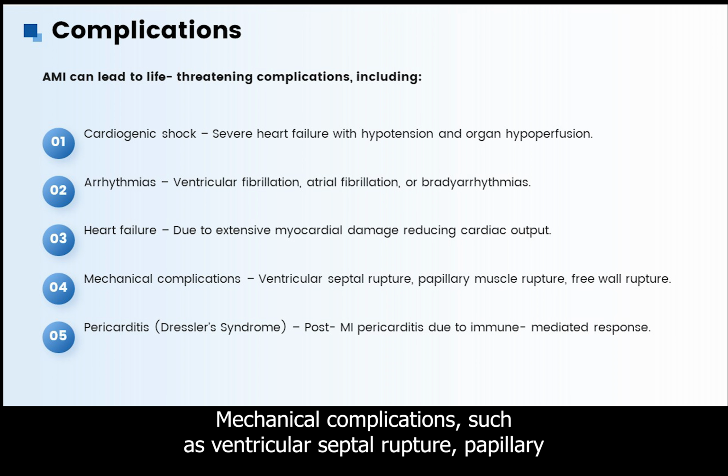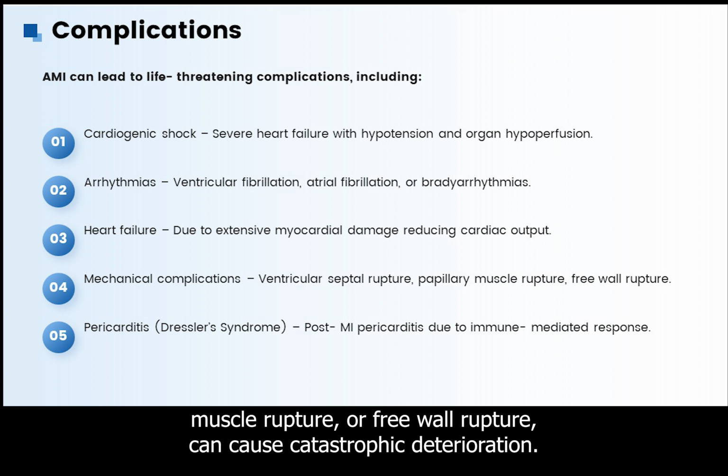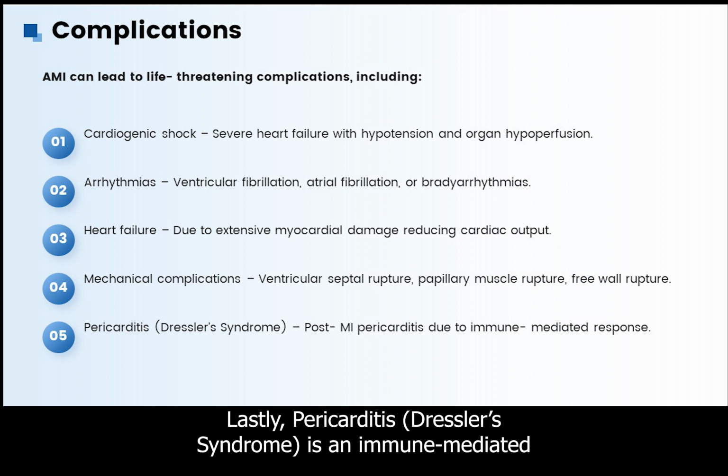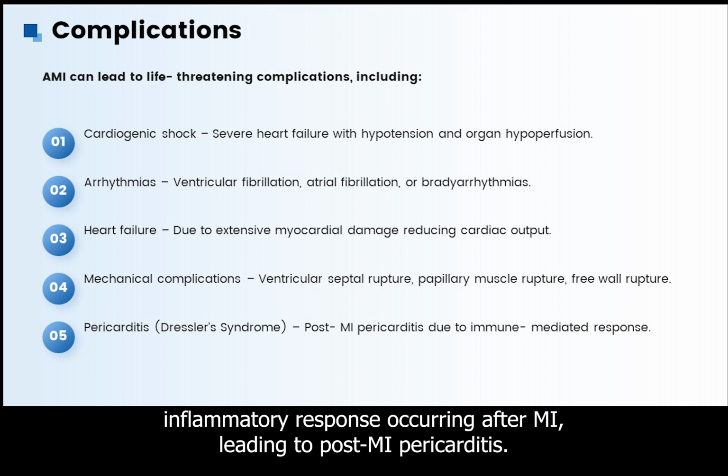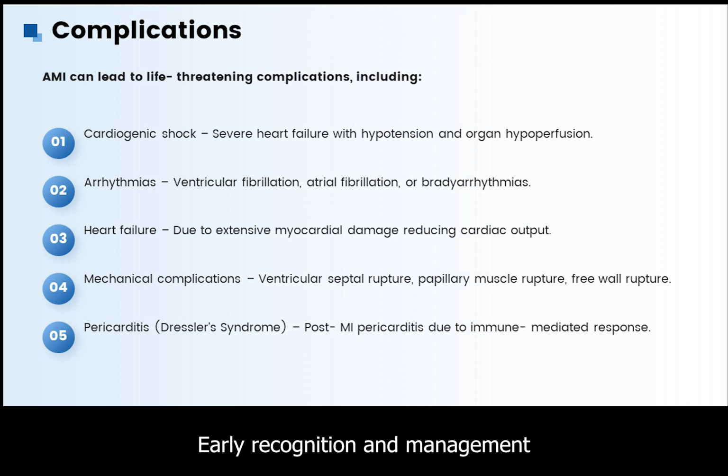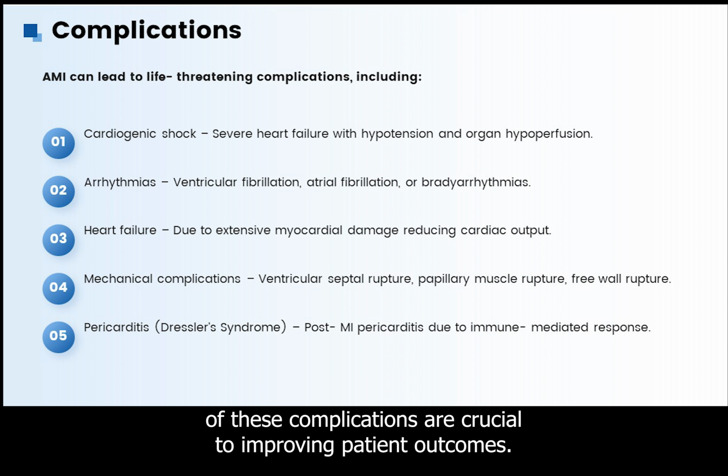Mechanical complications, such as ventricular septal rupture, papillary muscle rupture, or free wall rupture, can cause catastrophic deterioration. Lastly, Dressler's syndrome is an immune-mediated inflammatory response occurring after MI, leading to post-MI pericarditis. Early recognition and management of these complications are crucial to improving patient outcomes.